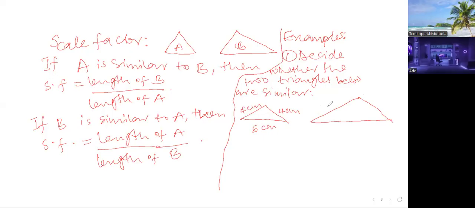Then you have 6 centimeter, 6 centimeter, 9 centimeter. So these are the two triangles. We are asked to decide whether they are similar or not. So write the question, draw the triangles. Then if you can attempt it based on what you have been taught now, let me know.